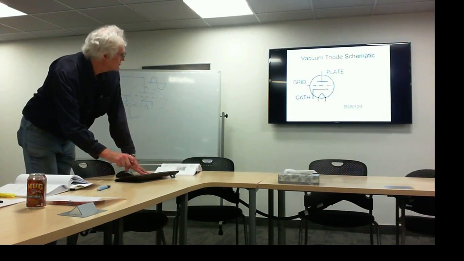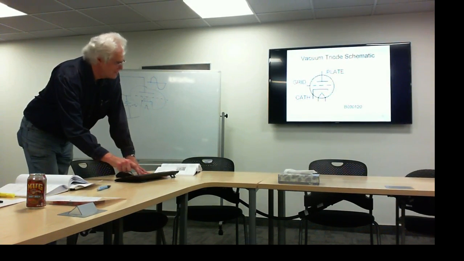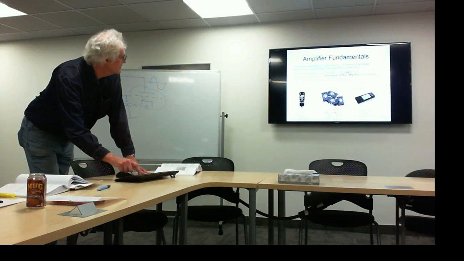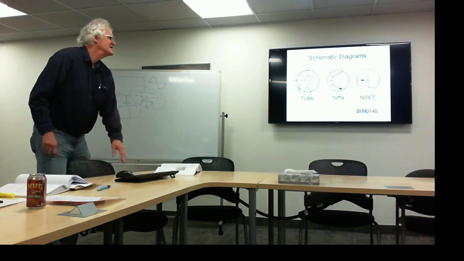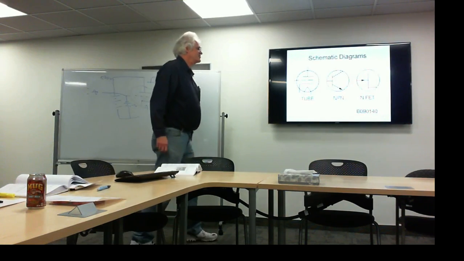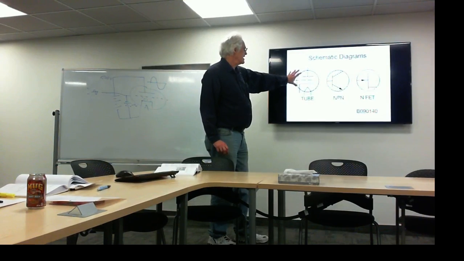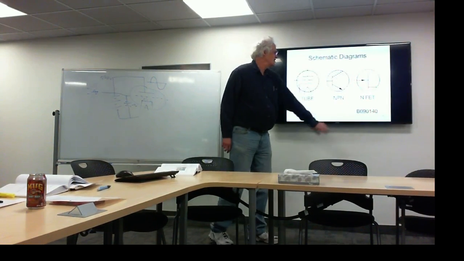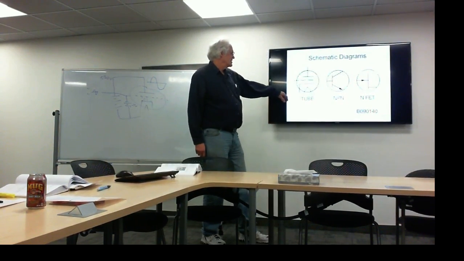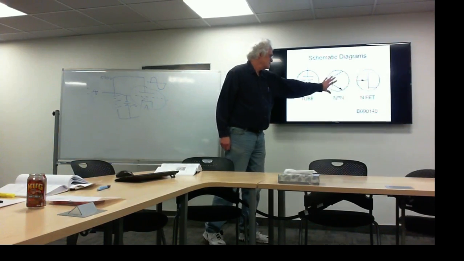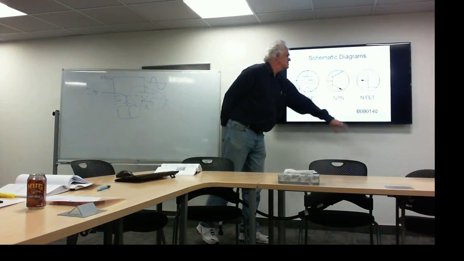And just to put it all in perspective, here is the comparison. Basically, the schematic equivalents of the three devices we've talked about so far: the tube, the bipolar transistor, and the field effect transistor.